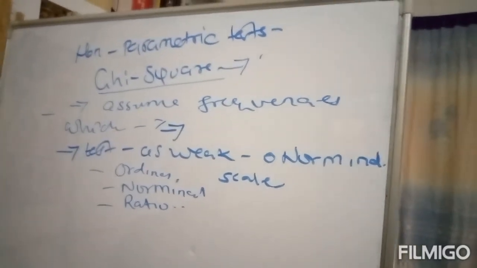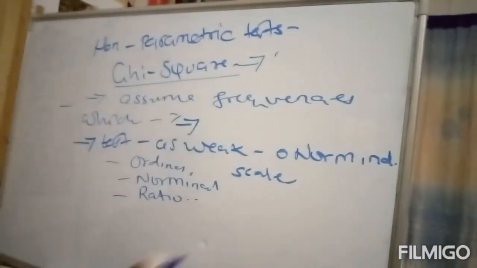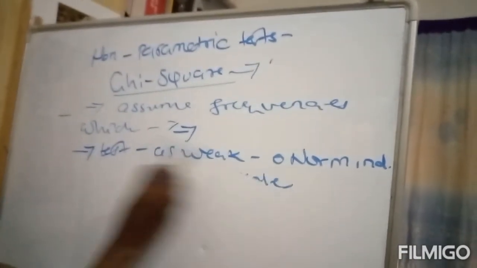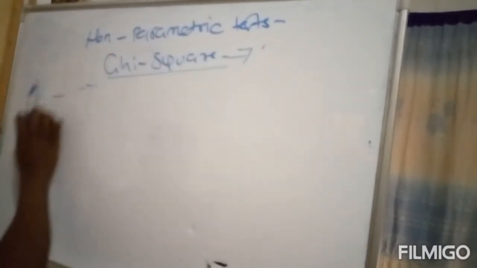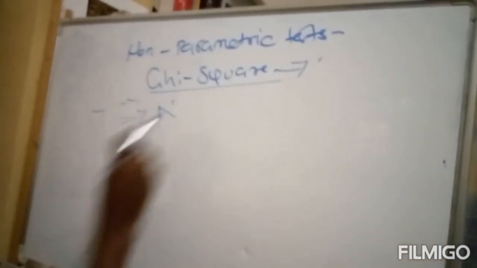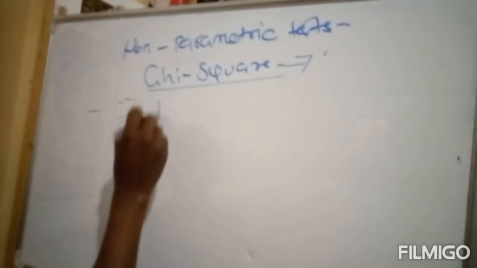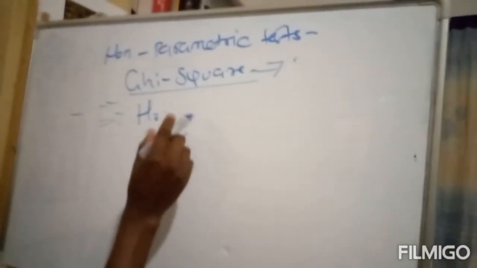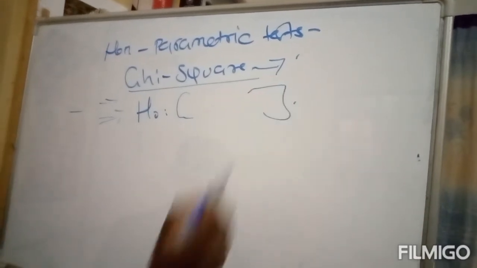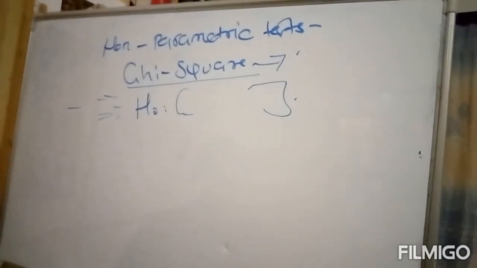So, in my case here, having my null hypothesis, also called the hypothesis of no difference, the hypothesis states that there are no differences between the groups. There is not any significant difference between the groups and the categories in the groups.